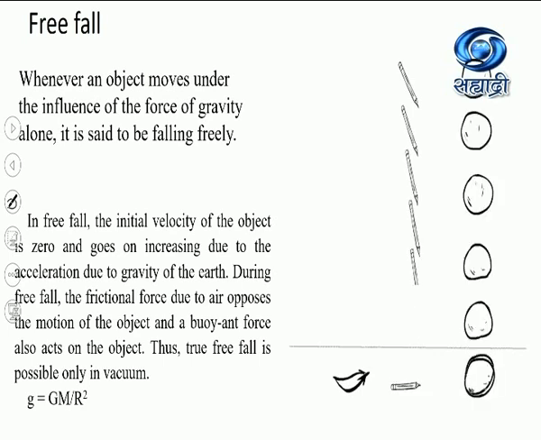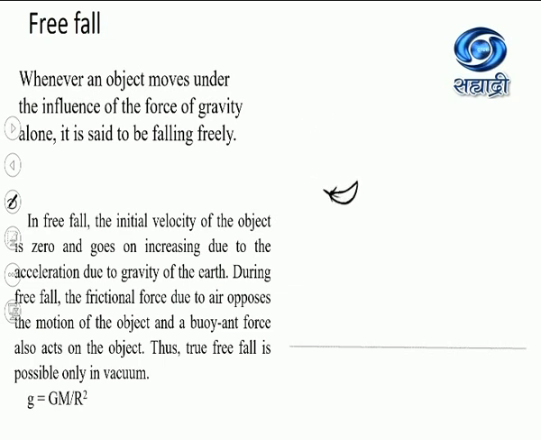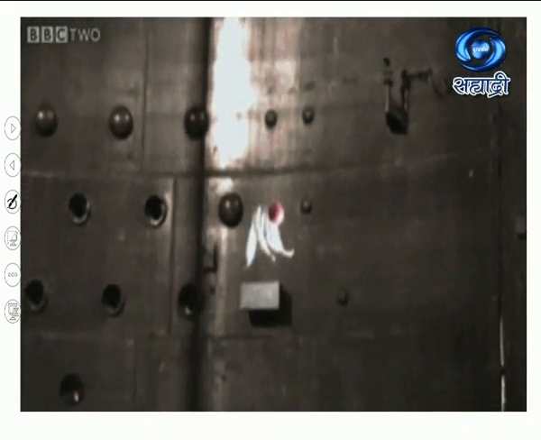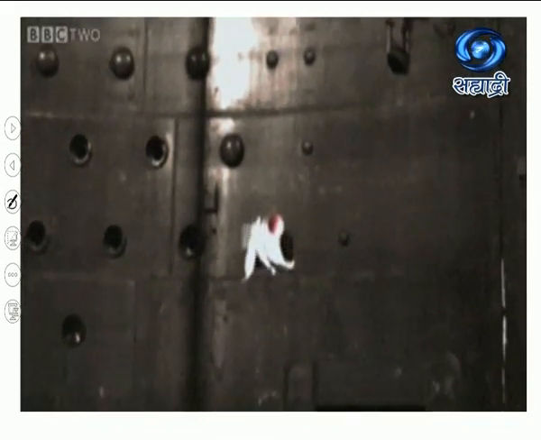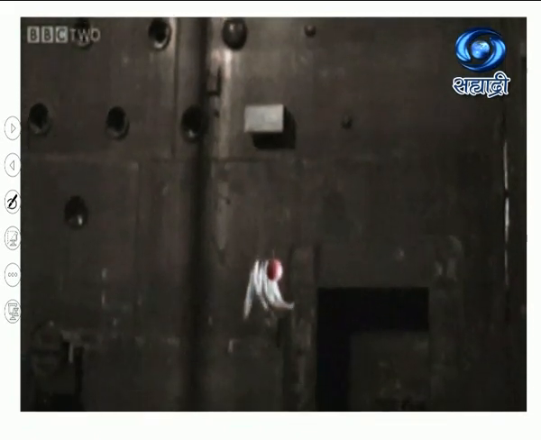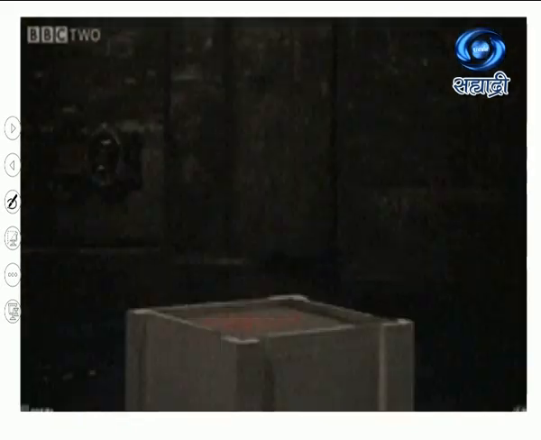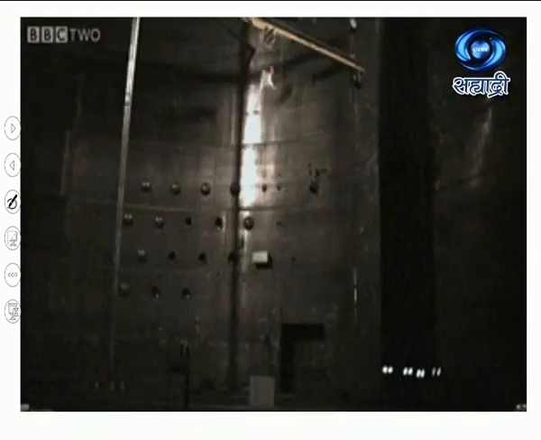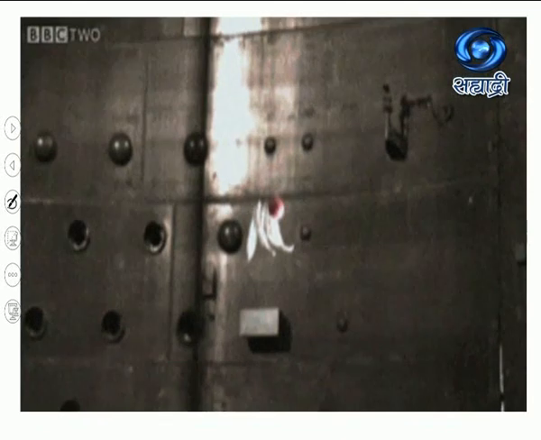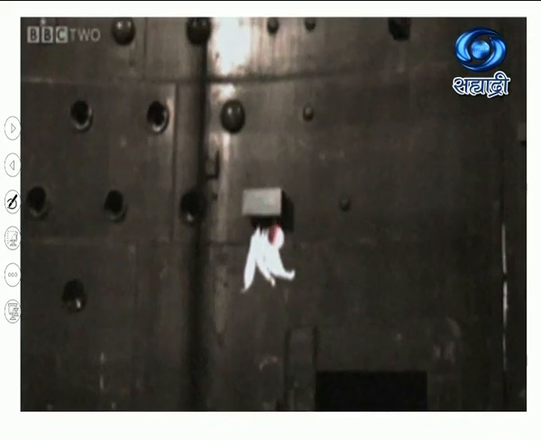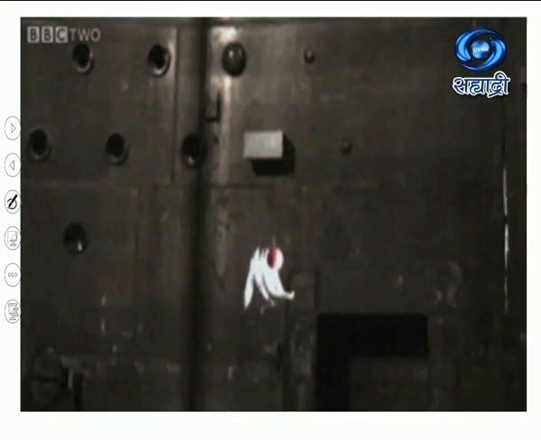But scientists performed this experiment in vacuum and showed that the feather and stone indeed reach the Earth at the same time. So just observe here, they reach at the same time. Yes. So we can see clearly that acceleration due to gravity does not depend on the mass of the object.